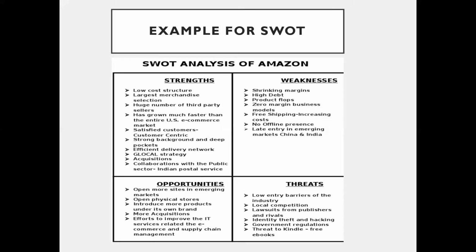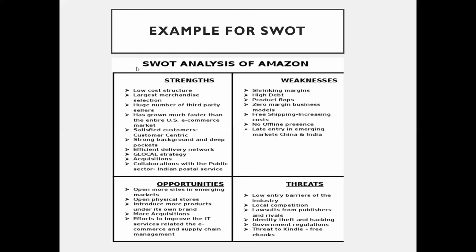Those are the challenges that Amazon is facing. Low entry barriers of the industry, local competition, lawsuits from publishers and rivals, identity theft and hacking, government regulation, threats to Kindle free ebooks. All these are threats which Amazon has to convert into opportunities in future.